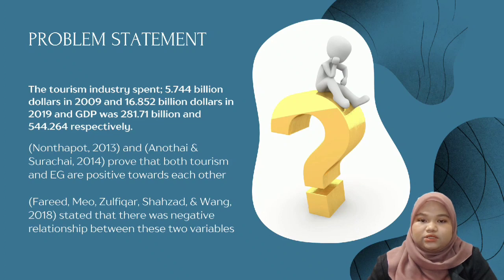During the same years, its GDP was 281.71 billion and 544.264 billion respectively. Studies by Notapot in 2013 and Anotai and Surachai in 2014 proved that tourism and economic growth are positively related to each other. However, a study by Farid, Nyor, Zulfikar, Shahzad and Wang in 2018 stated that there was a negative relationship between these two variables.